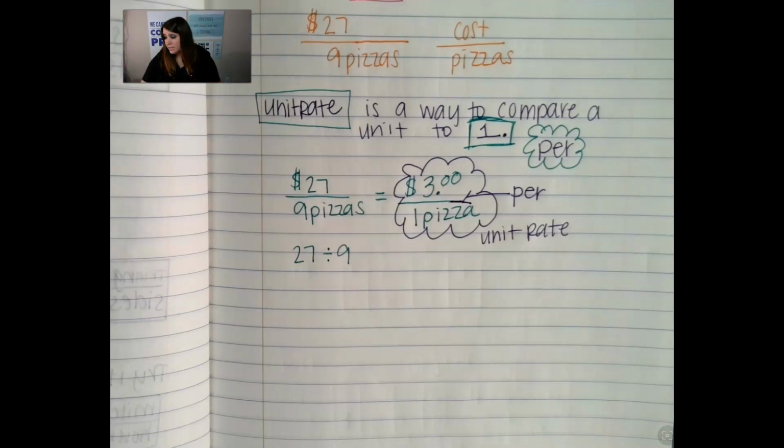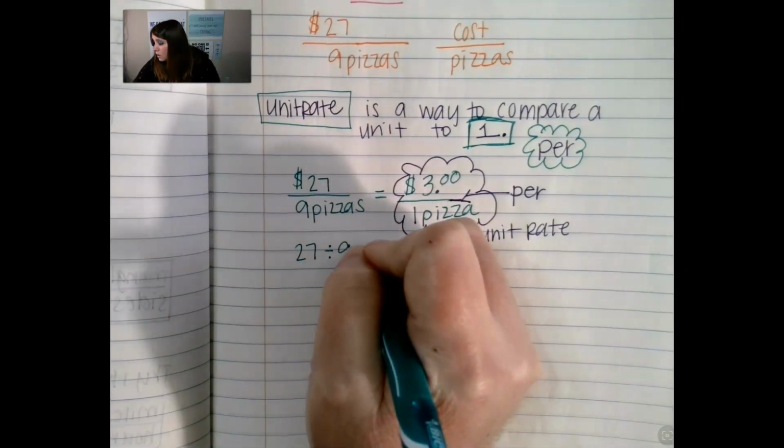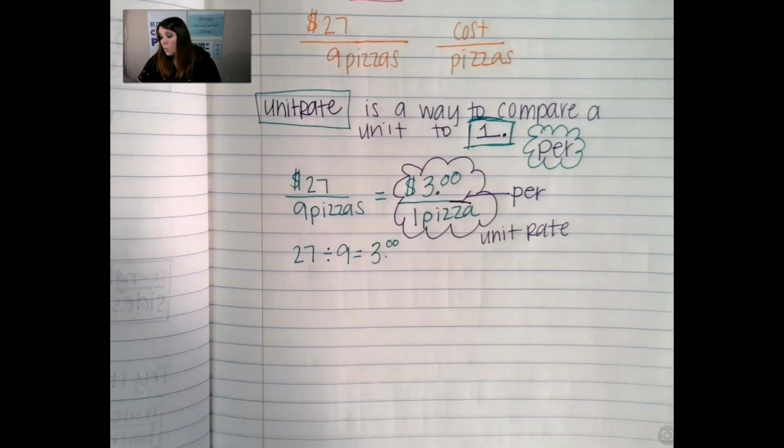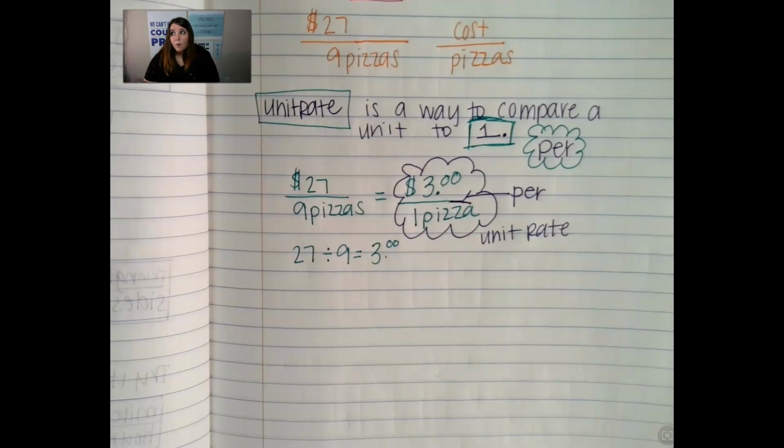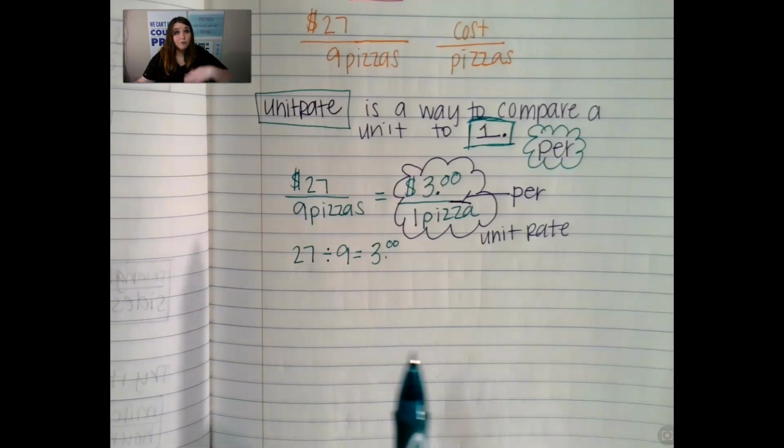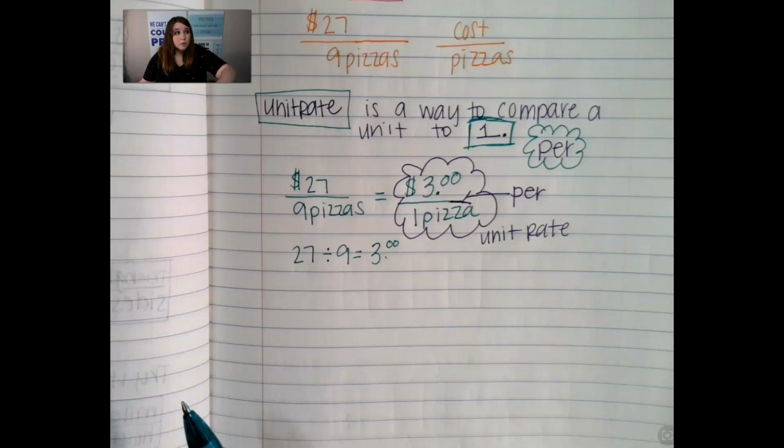So I could say, what if I bought 8 pizzas? Well, I could do 8 times 3 and get 24. Okay, well, what if I wanted to buy 10 pizzas? Well, 3 times 10 is 30. So this cost per pizza allows us to move forward with knowing how much it is for every unit.